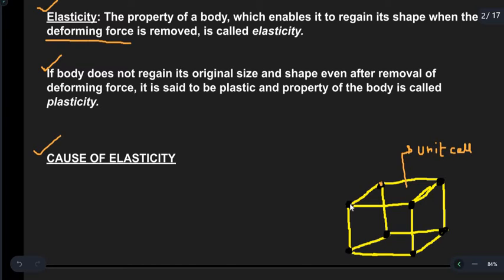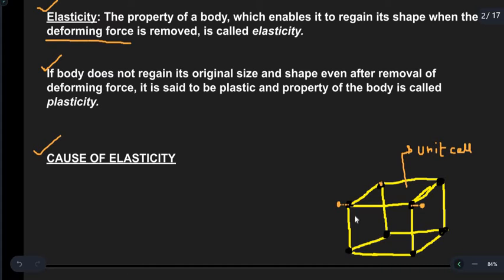Okay, so these atoms, as they are fixed, as they are not bound to move, so what happens when you are applying a deforming force, this atom starts to vibrate. ये जो atom है ना आपका, ये vibration start कर देता है, and when vibration starts, supposedly it gets displaced, for example up to a very short distance like this. This also gets displaced up to a very short distance like this.